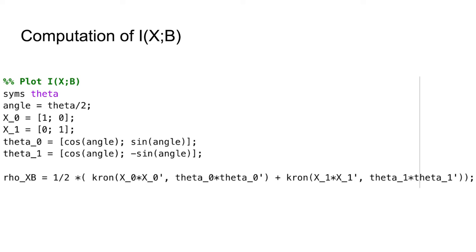On the last line, we actually implement the formula from the previous slide to compute rho sub xb using the kron function in MATLAB and just a product of a vertical vector with a horizontal vector. And this operation leads to a 4x4 matrix.